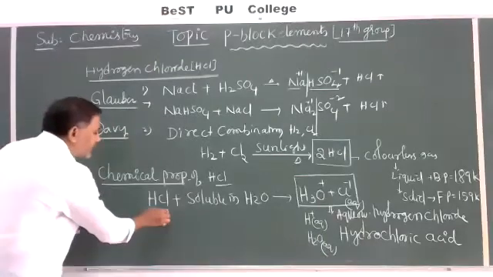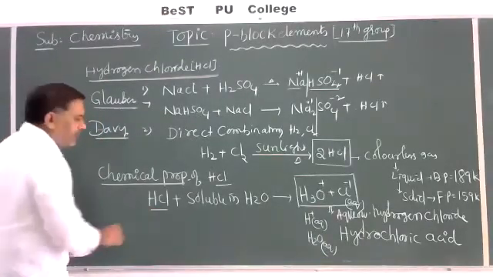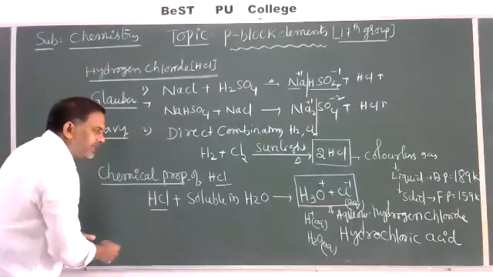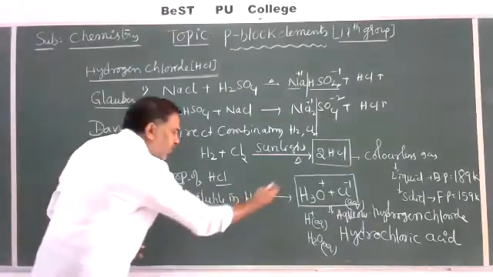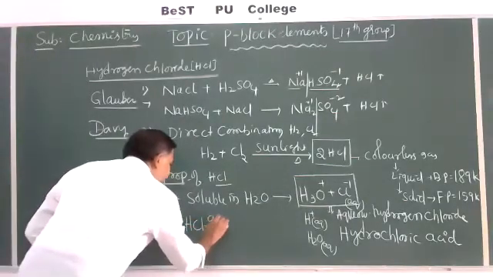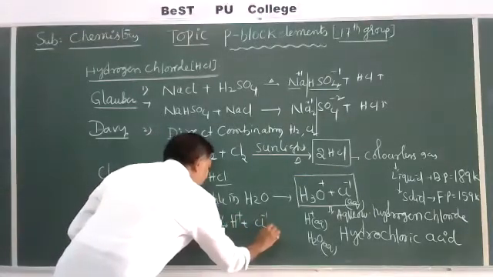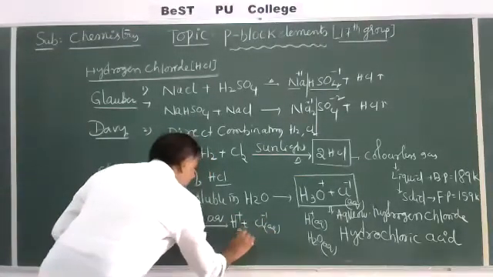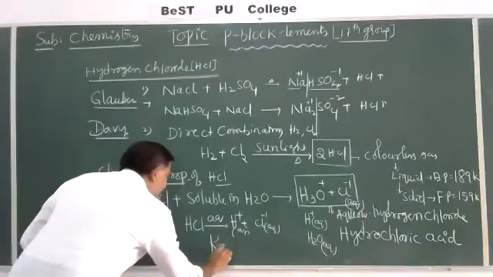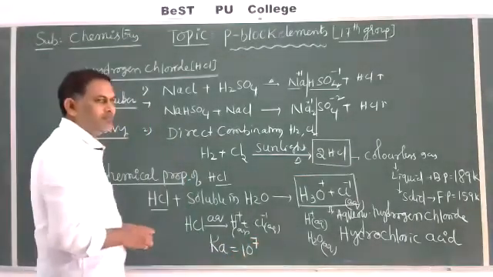Pure HCl is called hydrogen chloride. Hydrochloric acid easily dissociates in an aqueous medium into H plus and Cl minus. Its dissociation constant is 10 power 7.